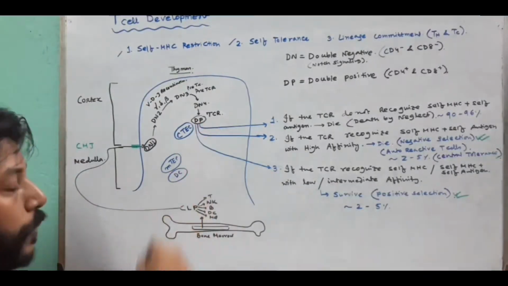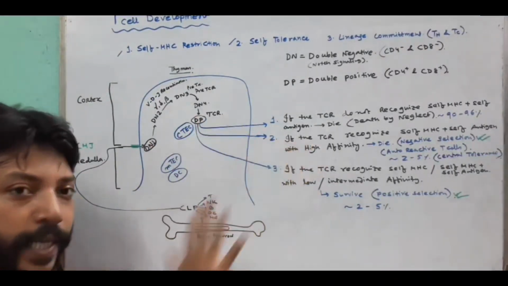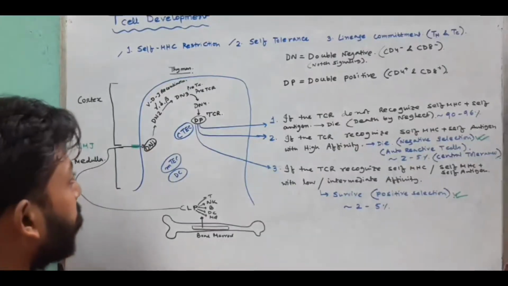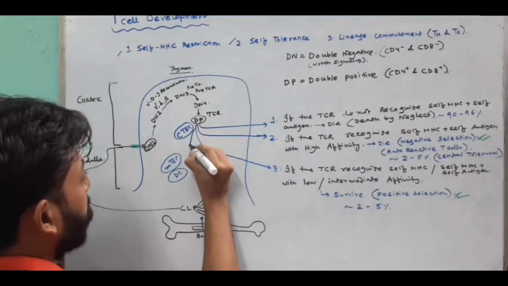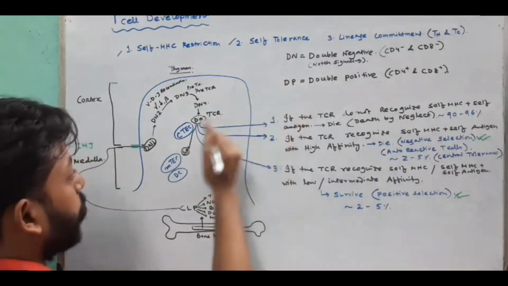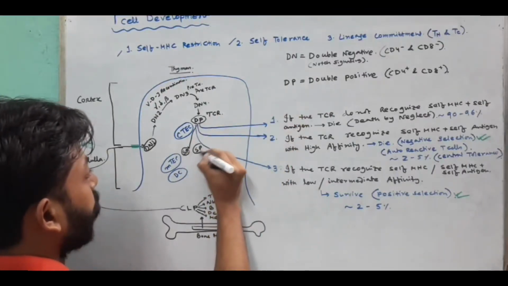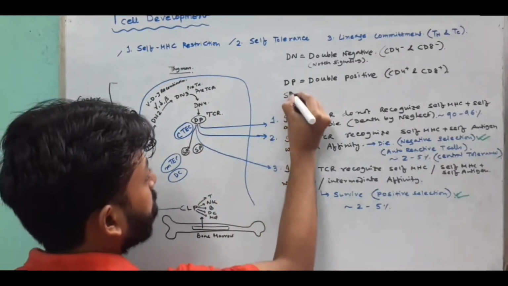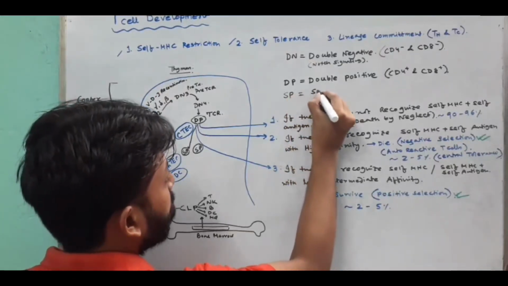Now when the double positive cells go through these examinations, they become single positive cells. When they enter the medulla, they become single positive. They are no longer double positive. SP means single positive.